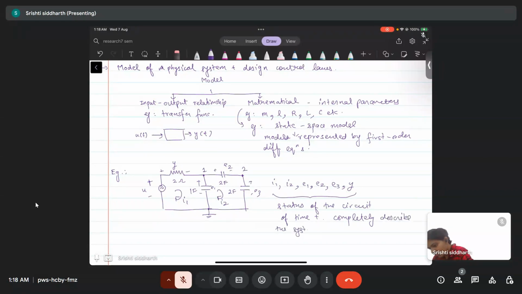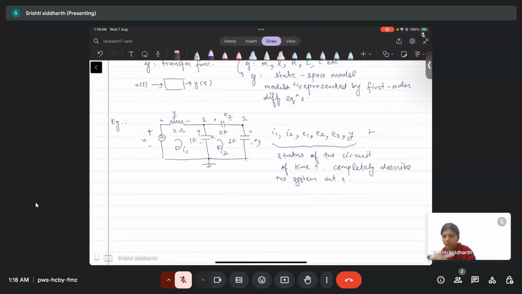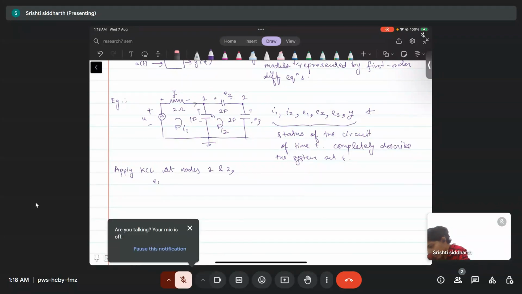Right, so let's find out what these quantities are. So to begin with, let's apply KCL at nodes 1 and 2. So let's mark down the direction of currents.